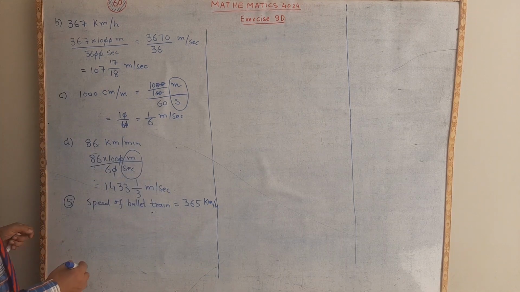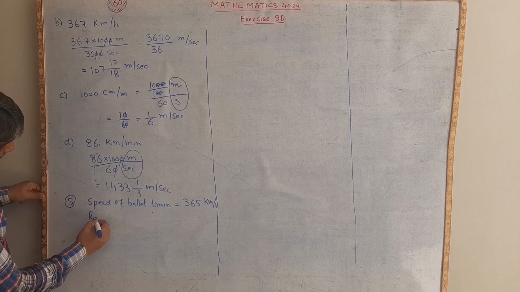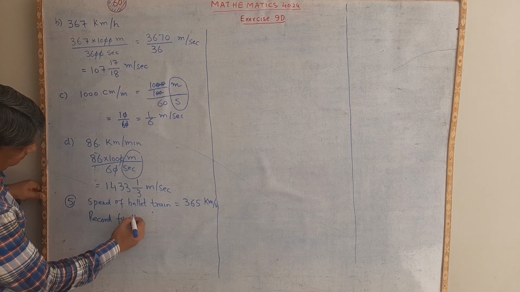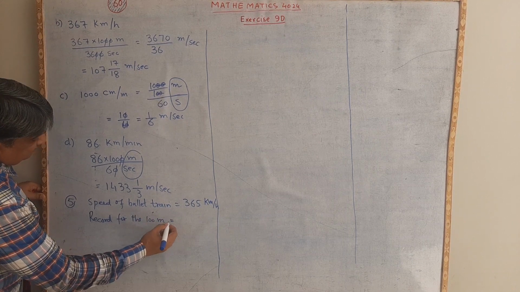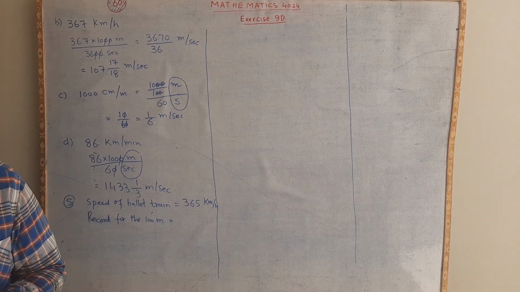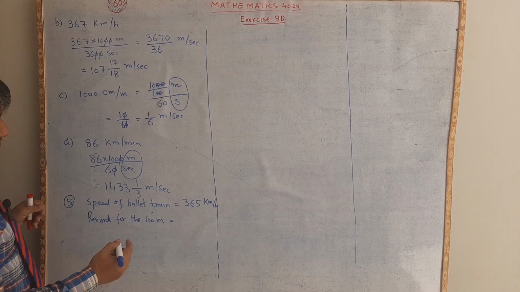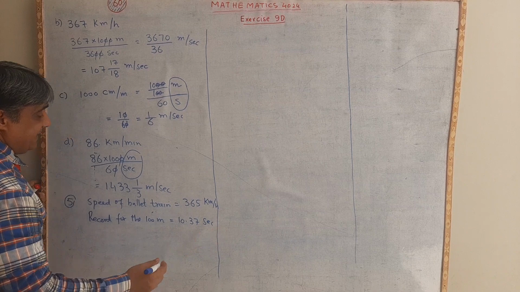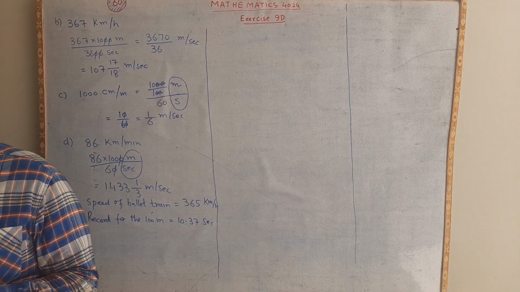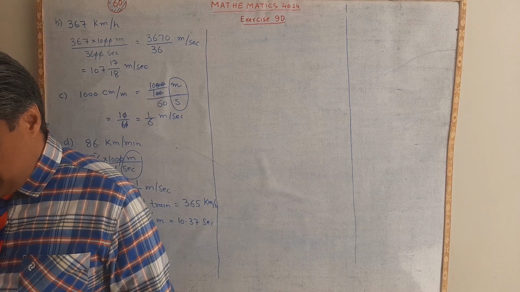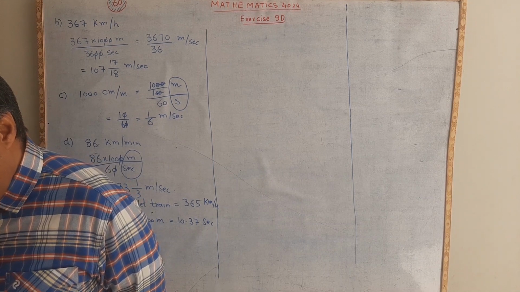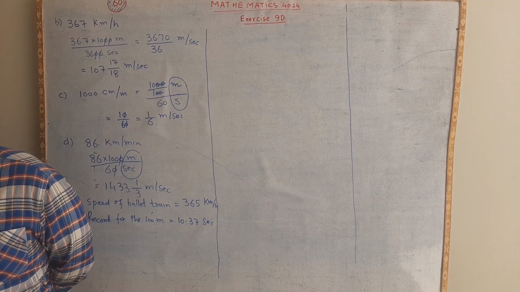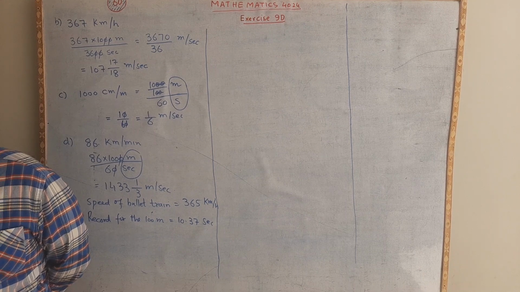So, record for the 100 meter is equal to 10.37 second. Now, ladies and gentlemen, the question is saying how many times is a bullet train as fast as the fastest Singaporean sprinter?